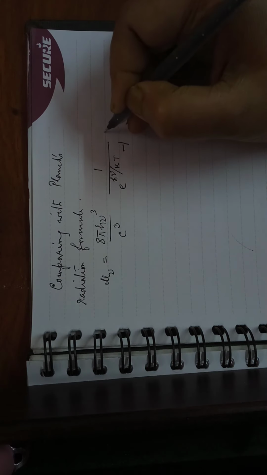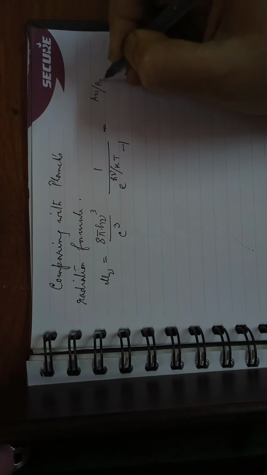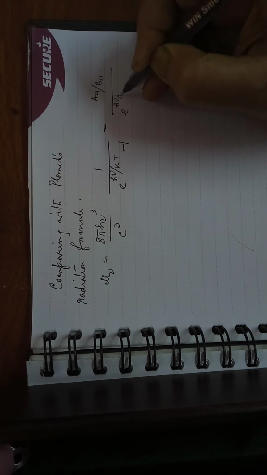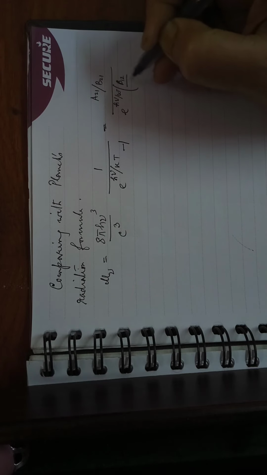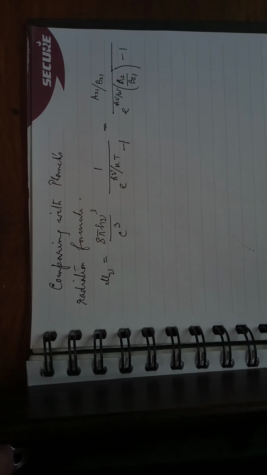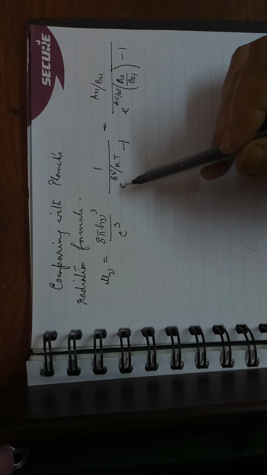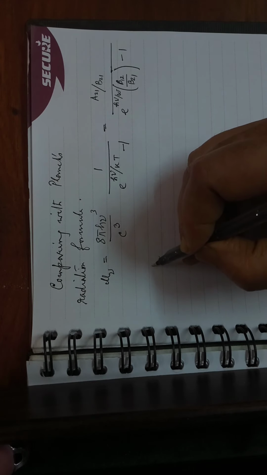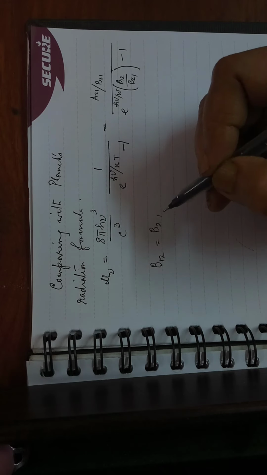If you put this as equal to A21 by B21 divided by e to the power h nu by kT B12 by B21 minus 1, and compare, what you get is B12 equal to B21, isn't it?